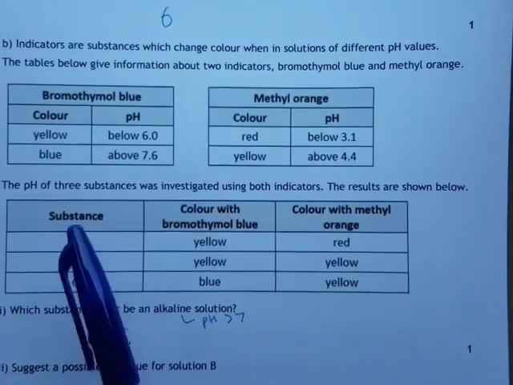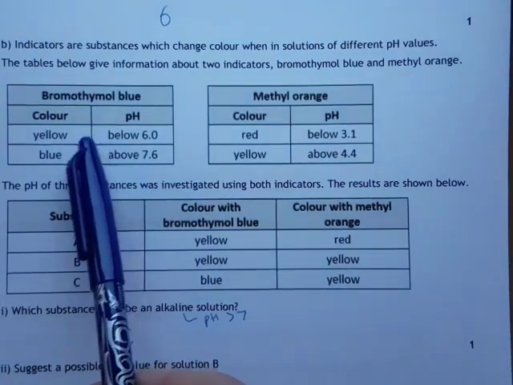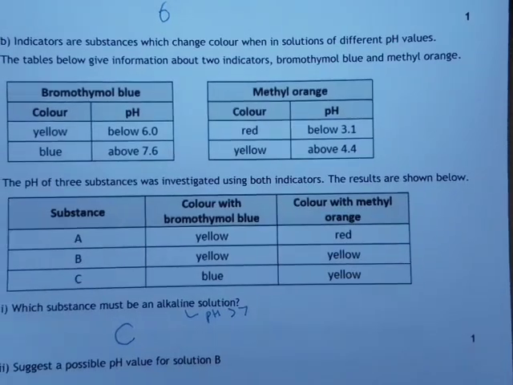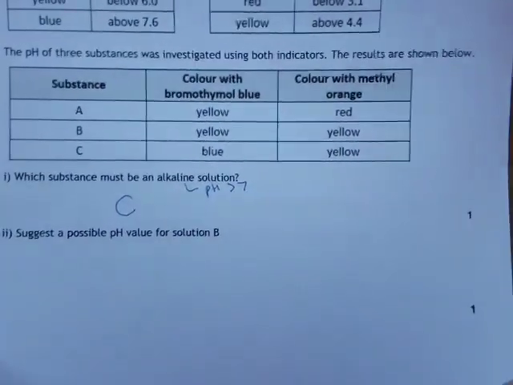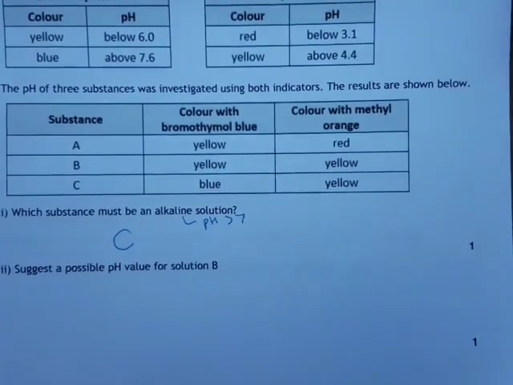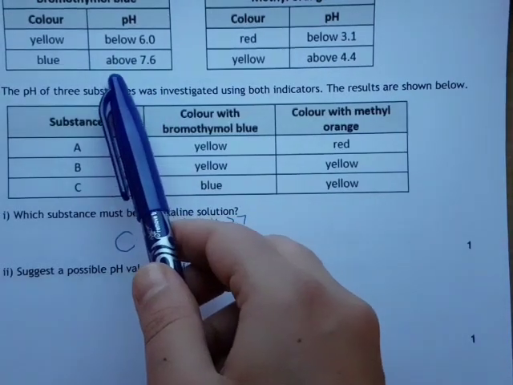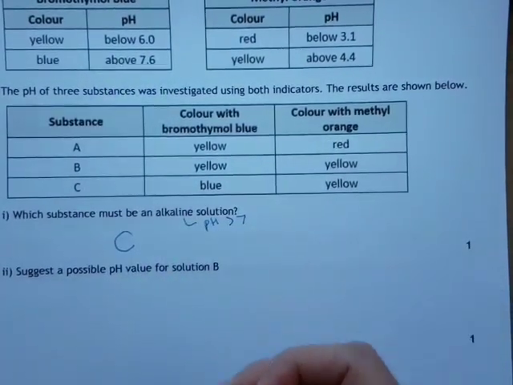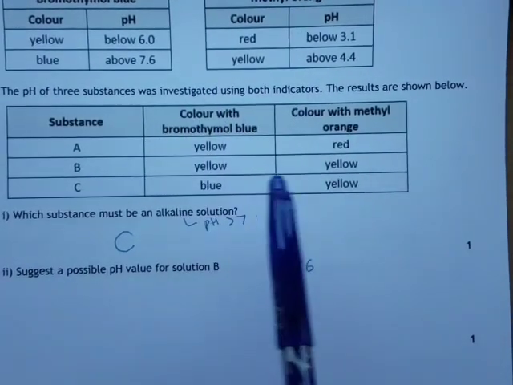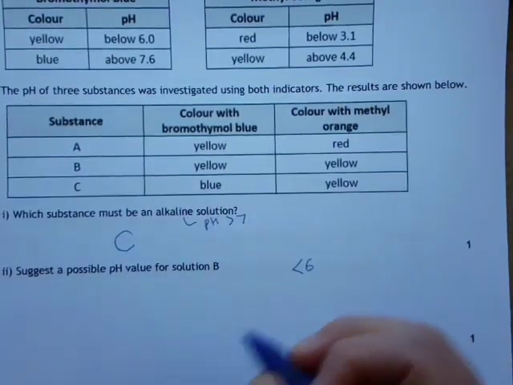If we look at the other ones, A and B are both yellow with bromothymol blue, which means their pH must be below 6, which means they are definitely acid solutions. And then part 2 says, suggest a possible pH for solution B. Well, solution B is yellow with bromothymol blue, so its pH is below 6, but it's also yellow with methyl orange, so its pH is above 4.4.